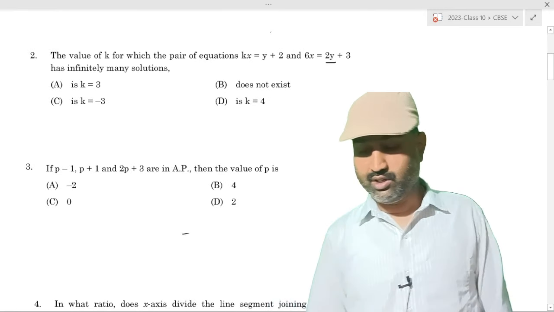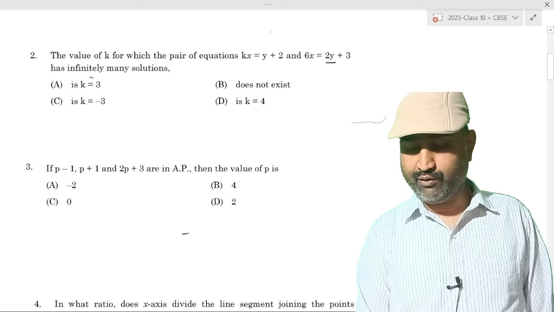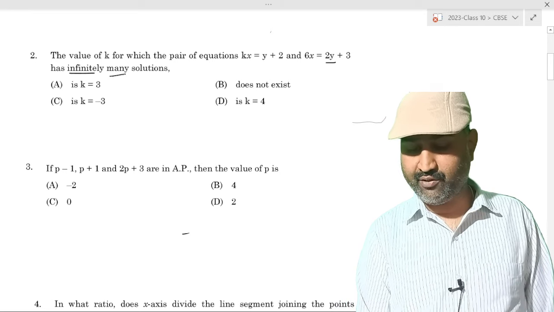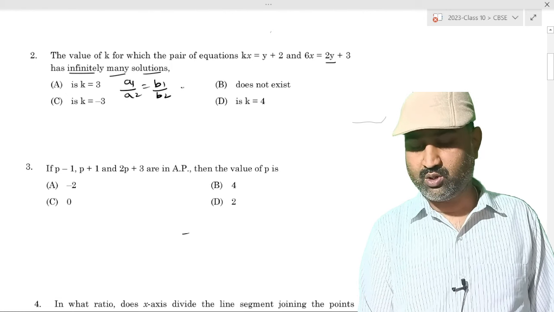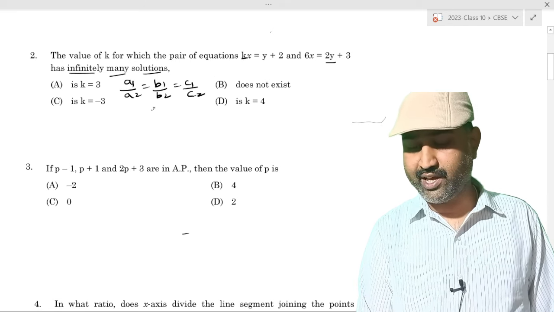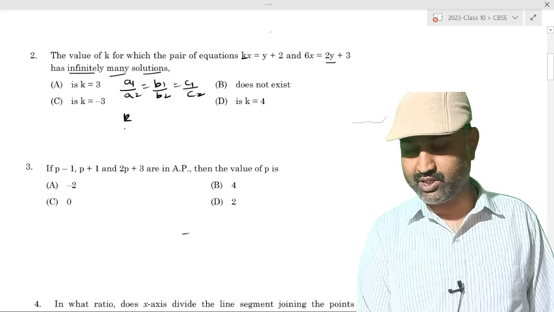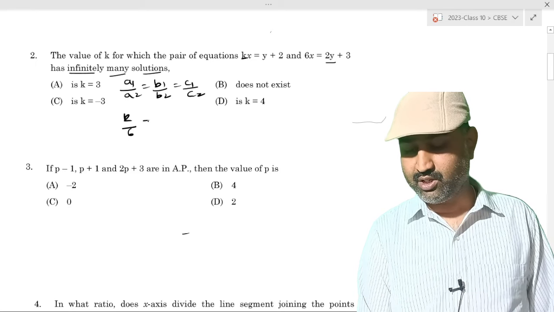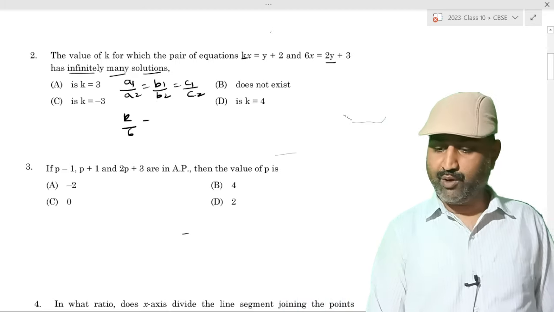The next question is from linear equations, kx, for infinitely many solutions, identify this. We should have a1 by a2 is equal to b1 by b2 equal to c1 by c2. For infinitely many solutions, a1 is k and a2 is 6, so k by 6 is equal to b1 by b2.